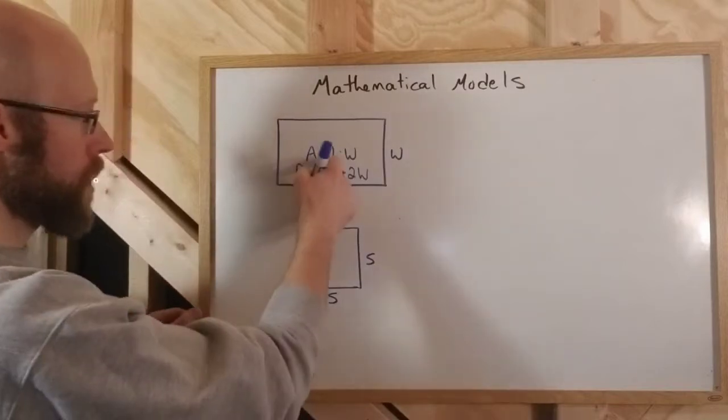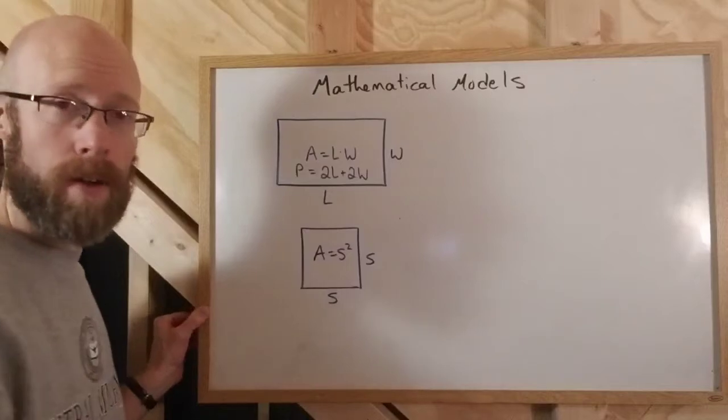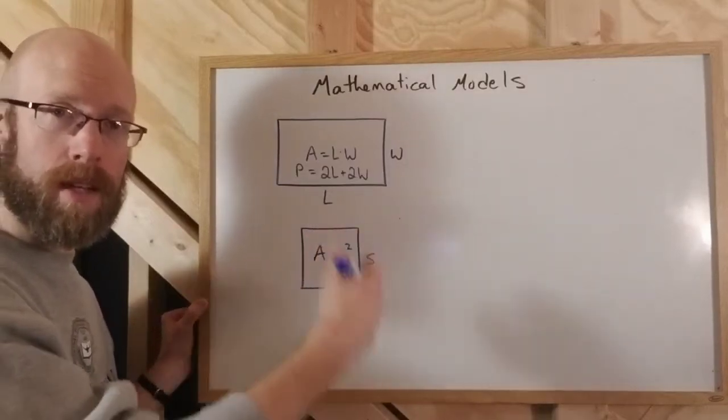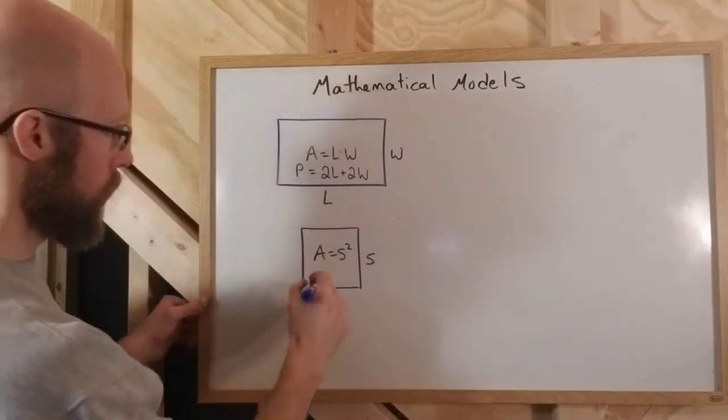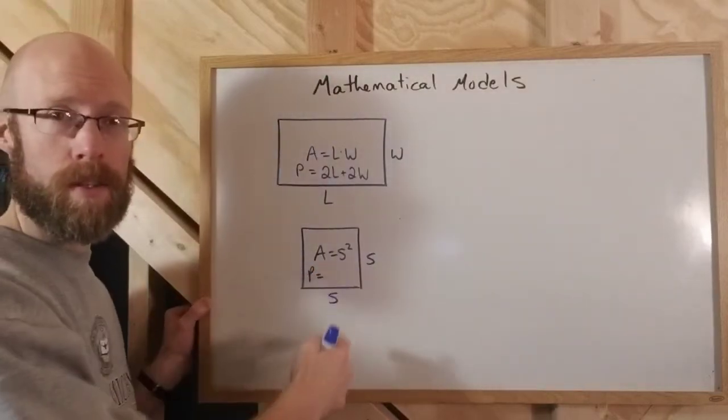Then when you multiply the length times the width, you just get the side squared, right? It's length times width is side times side, side squared. And the perimeter, well, is 2s and 2s, which is 4s.